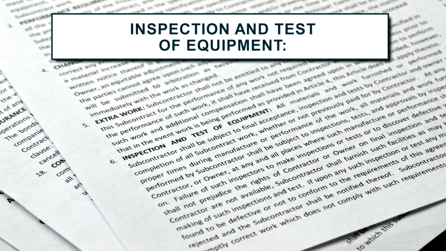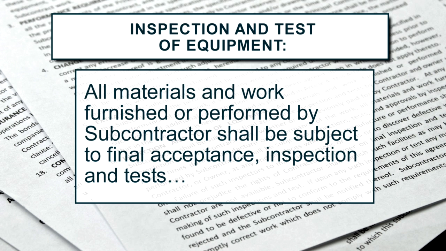It talks about in paragraph 6, inspection and test of equipment. This can be very important, and it talks about all materials and work furnished or performed by the subcontractor shall be subject to final acceptance. If you do your work early in the project, you might have left the project and everything was working fine. But in the final acceptance, is there a problem with what you have done and who caused that problem?